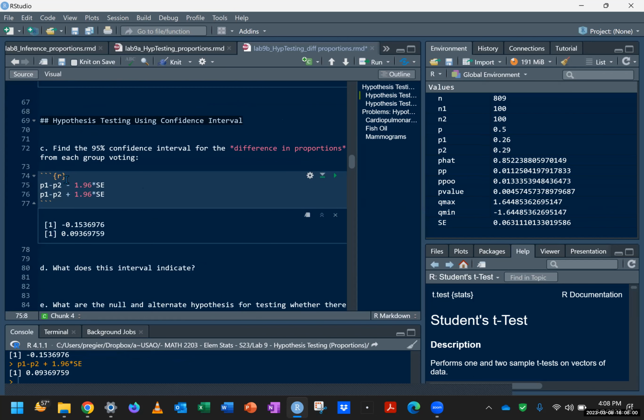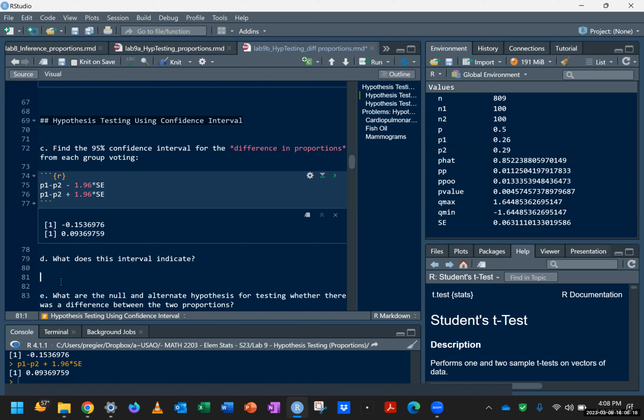So it's interesting. This difference, we test, does it include the null value, which is, we're curious, is there a difference? If that's our question, is there a difference between the two groups?